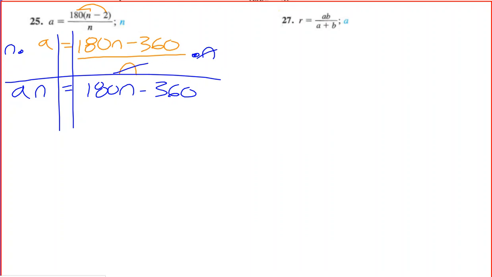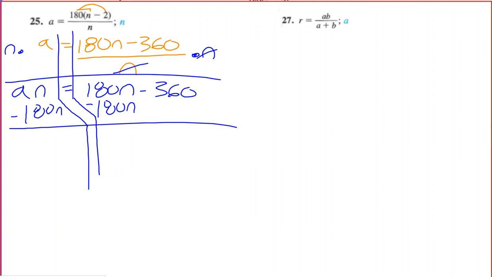So then we need to get the n's together on one side of the equal sign so that we will be able to use the distributive property, which means I'm going to have to give myself a little extra room. So I'm going to subtract 180n from the right side, and what I do to one side I have to do on the other, 180n. And so I end up with An minus 180n is equal to negative 360.